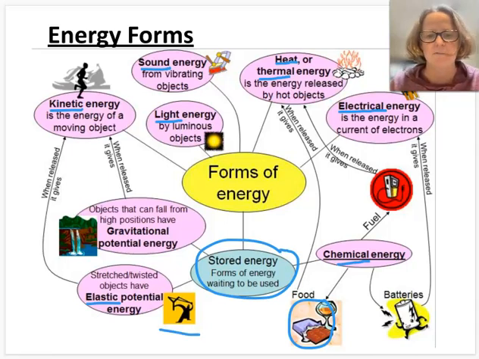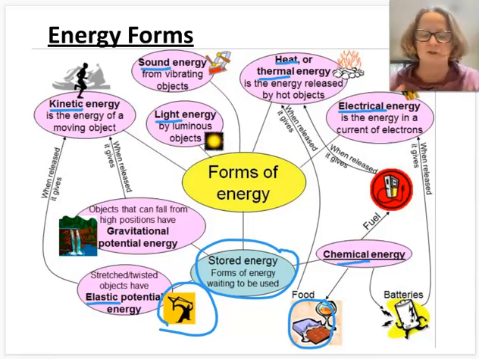So in the little diagram here, we've got a catapult, or it might be a spring that you can load up and then release, and then it might move or cause something to make a sound. And also gravitational potential energy, when an object or something like water has been raised up high, it then has the potential, the stored energy that can then be released as it falls from that high position.